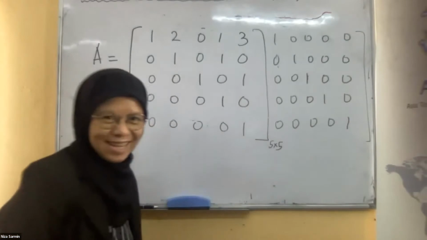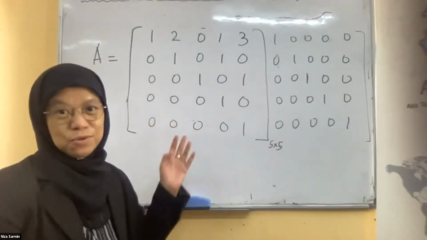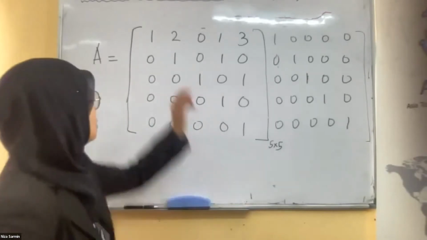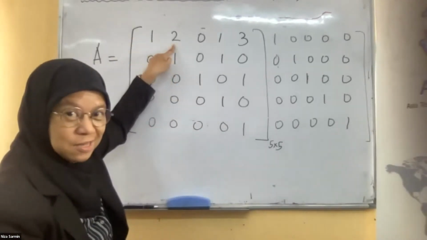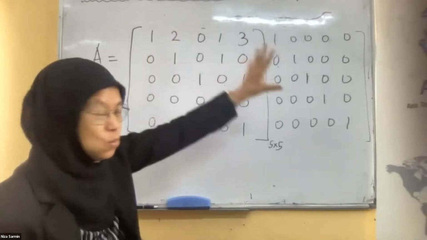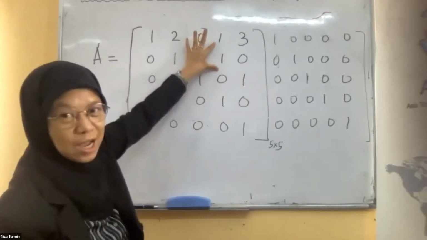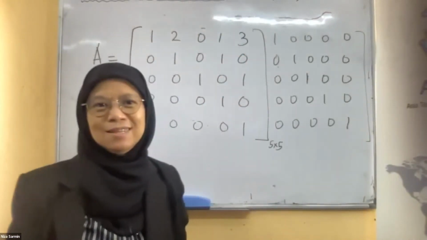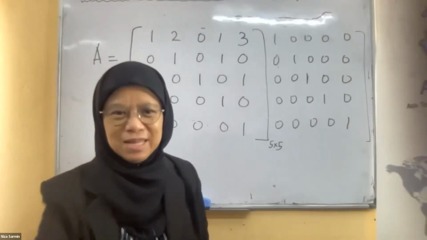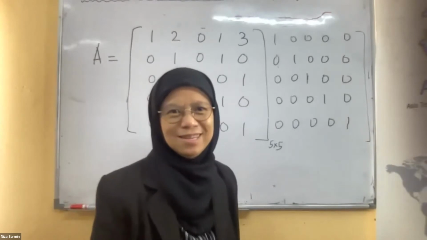Then you see there are not that many operations. You can do ERO. This is already okay. This one you just do once, then this one is already okay. This one you just do twice, and this one you can also do twice. So there are not that many operations, and then you will get your answer.